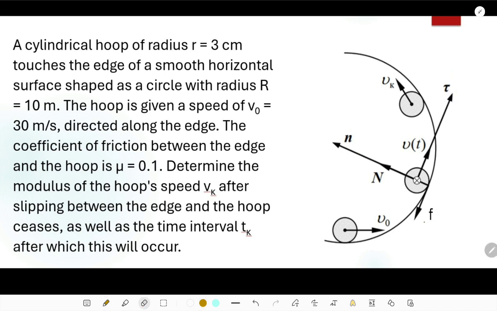The forces acting on it are the normal force. Of course, the motion is taking place in a horizontal plane, so we don't need to worry about the role of gravity. So I have not shown it.